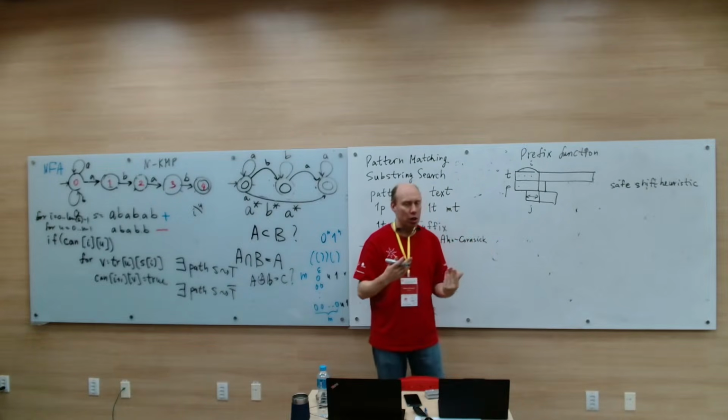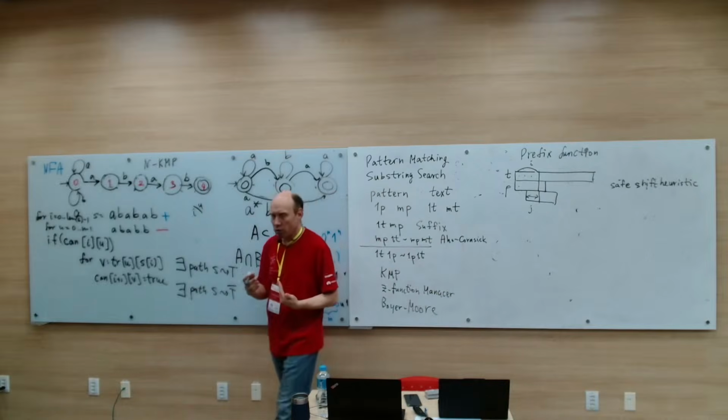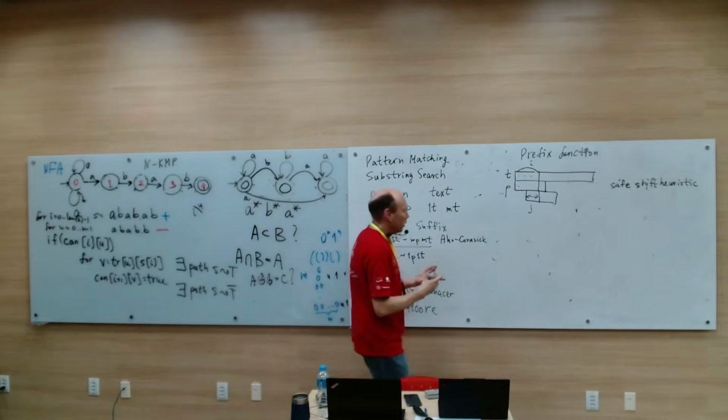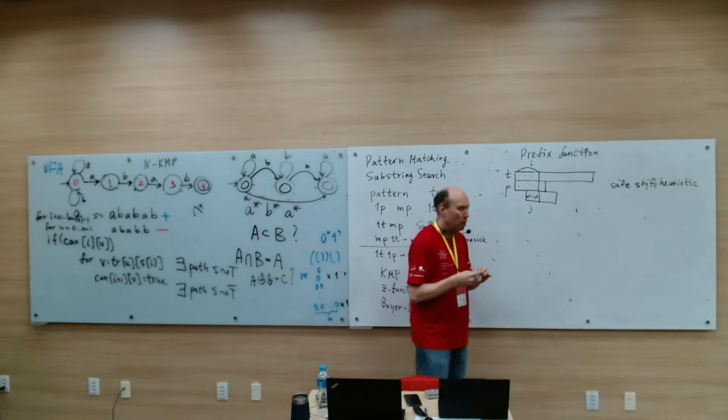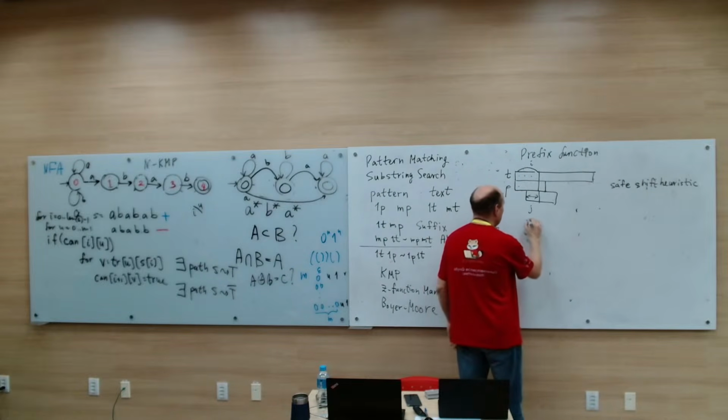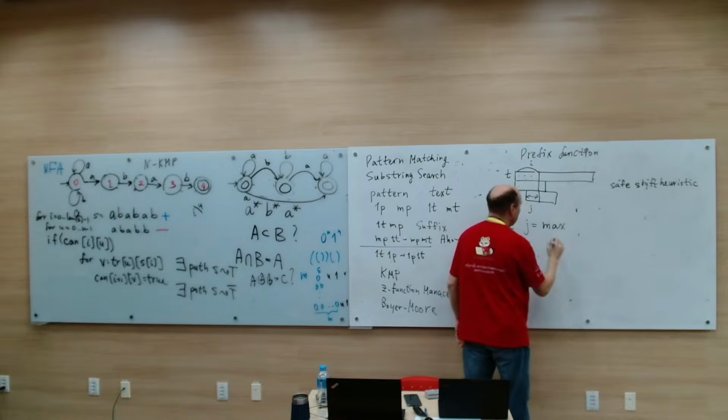So what J can we safely choose? We can safely choose the maximum possible J.